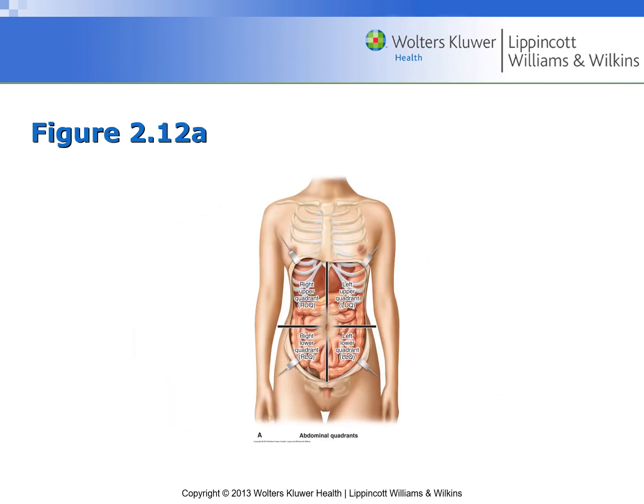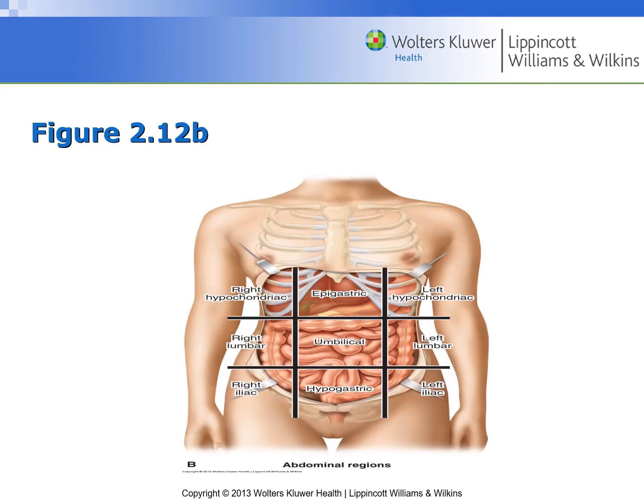And here we see illustrated the 4 abdominal quadrants: the right upper quadrant, the left upper quadrant, the right lower quadrant, and the left lower quadrant. The umbilicus is the center point for dividing the cavity into 4 regions. The abdominal quadrants are further divided into abdominal regions.